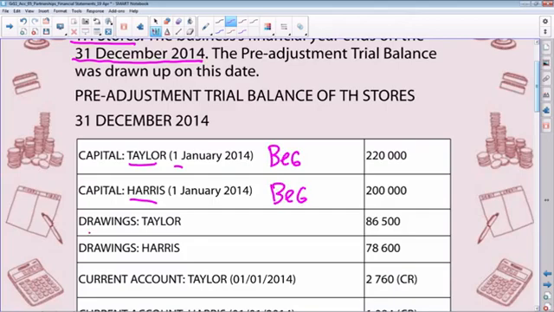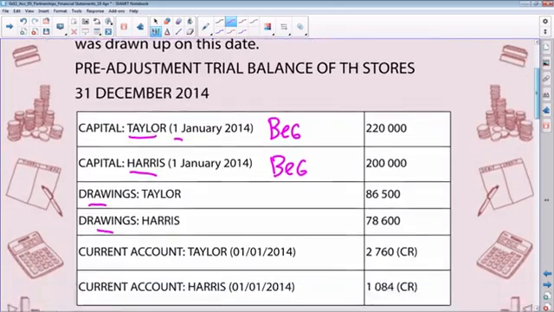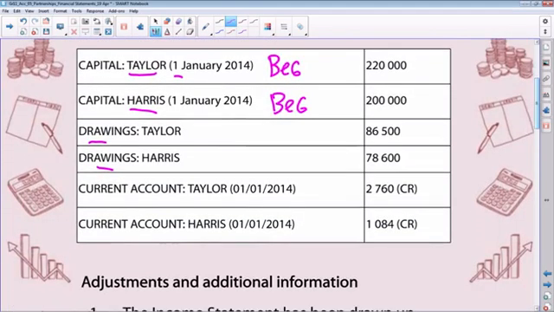Then we've got drawings for Taylor, drawings for Harris. So in other words, whatever they've taken out of the business for personal use for the entire year. And then finally, we've got the current accounts for each partner at the beginning of the year, 1st of January 2014. So I'm just going to remind myself again, this is at the beginning of the year.